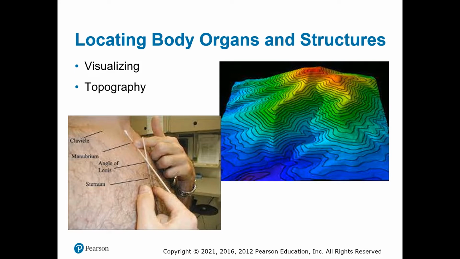So knowing various things on the body, like where the sternum is, where the clavicle is, we can determine what's underneath there and where things are in the body based on those things.